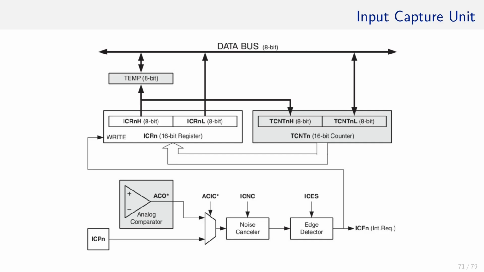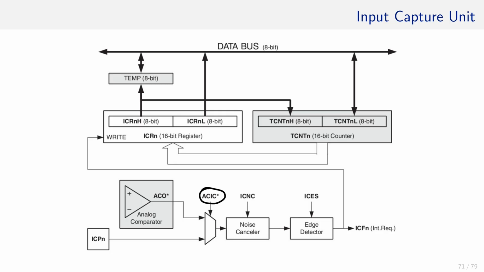We will cover the analog comparator in detail in the chapter about analog to digital signal conversions. So much for now. It generates a signal if a voltage crosses a preset threshold. So either ICPn or the comparator is used as an input signal depending on the configuration of the ACIC bit.